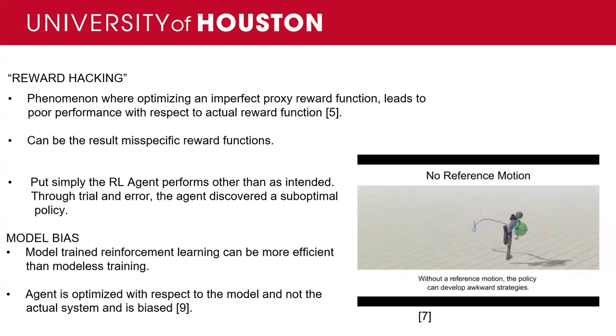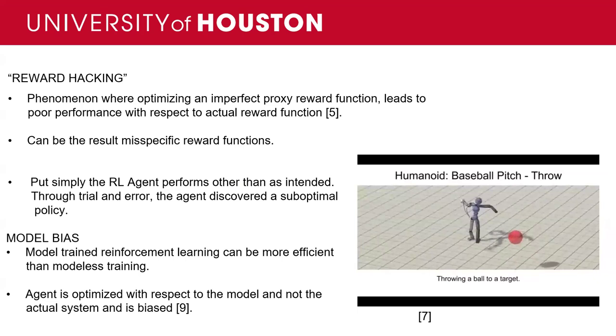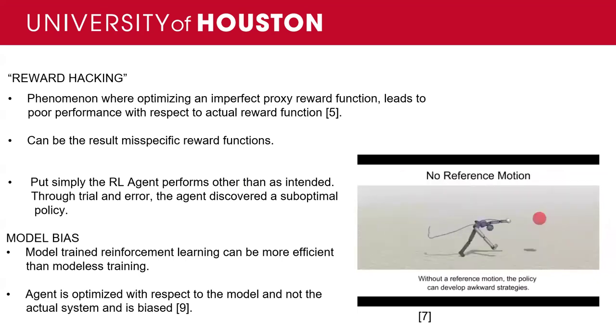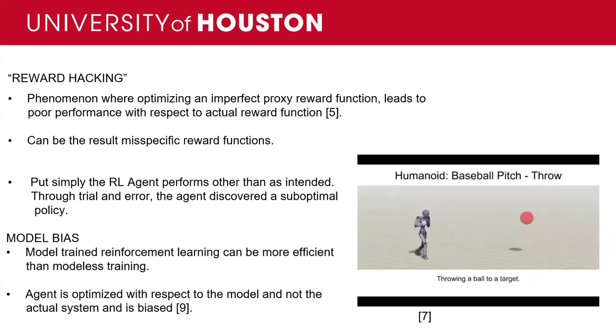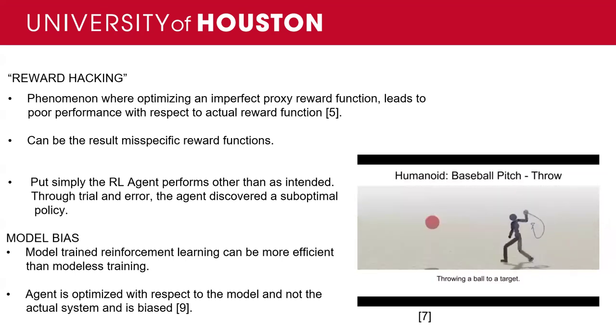We're also going to talk about model bias. One thing you have when training RL algorithms is you can use a model to train the RL algorithms. There are several different reasons for doing this. It can be very efficient. It can speed things up. It can be safer.